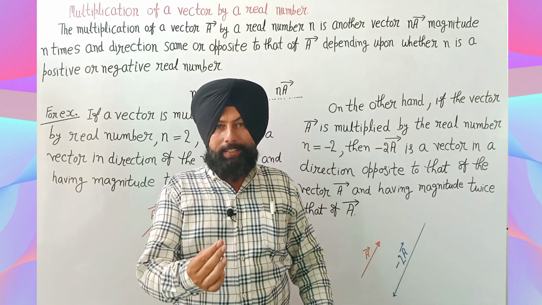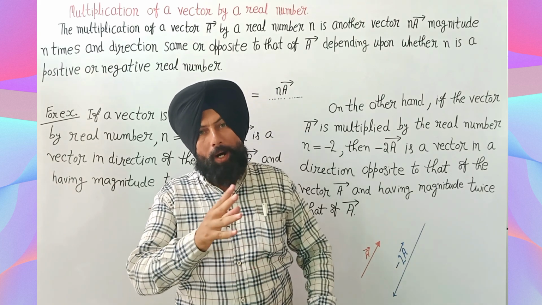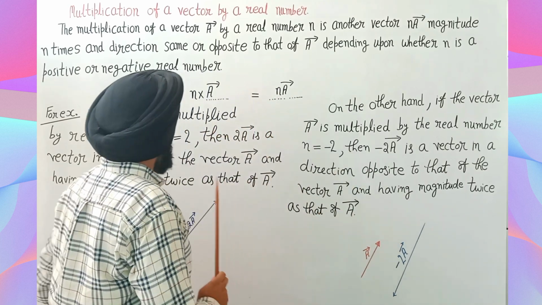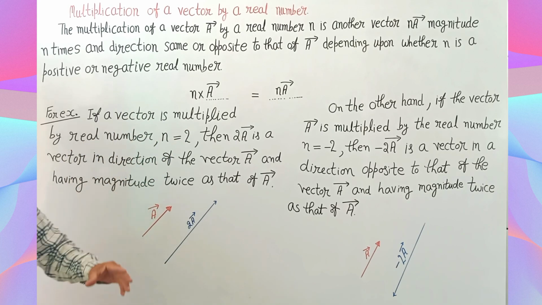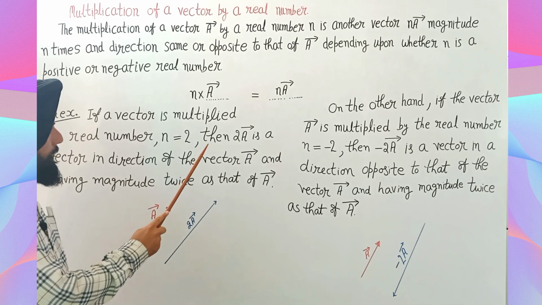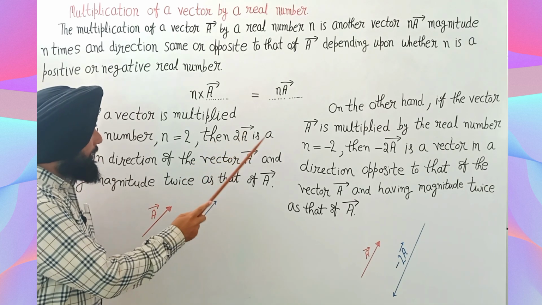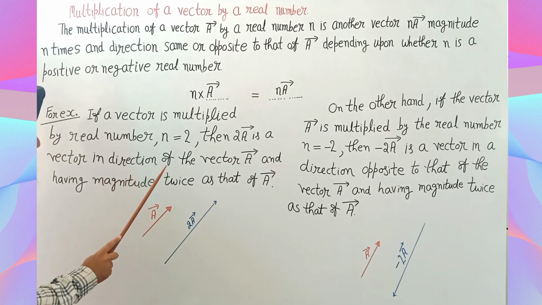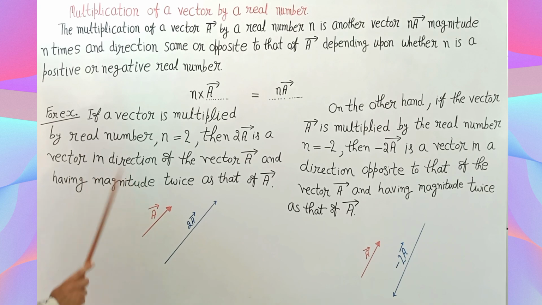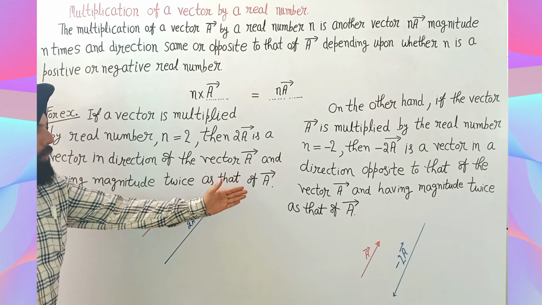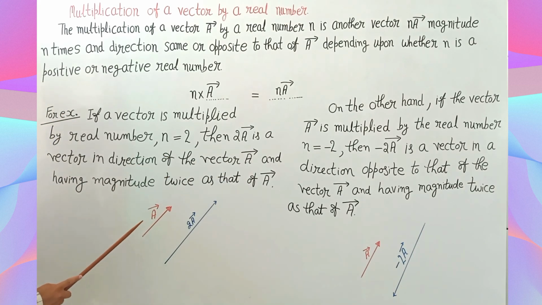Now students, we discuss an example related to multiplication of a vector. If a vector is multiplied by a real number, say 2, then 2A vector is a vector in the direction of vector A and having magnitude twice that of vector A. Look at the diagram. This is the vector A. Now I have multiplied it by 2.